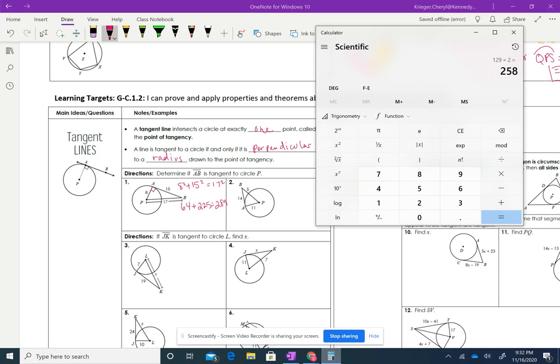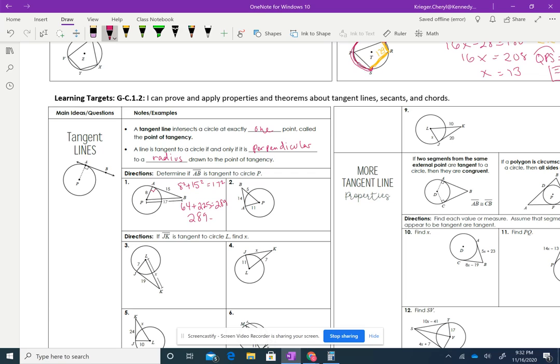So I'm going to add 225 and 64. So I have 289 equals 289, which is true. So in this case, AB is tangent. I'll write yes. Okay, and you're going to do the same thing with number 2 and figure out if that is tangent.